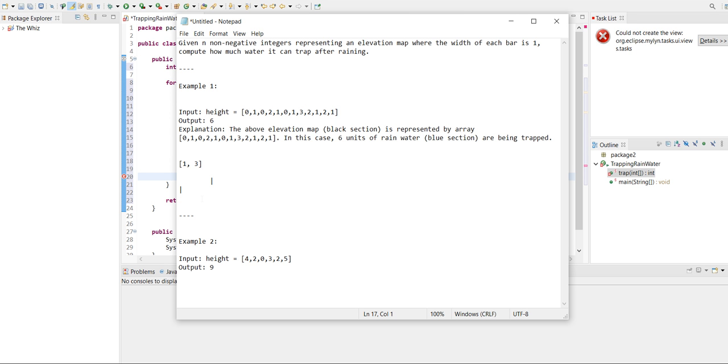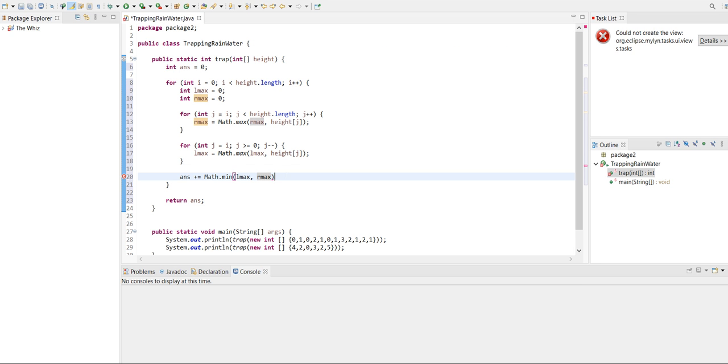But over here, no, 1, that's our current height. So you can't store water below the current height. So what you'd have to do is also subtract the current height. So that'd be height of j. Oh, sorry, height of i.